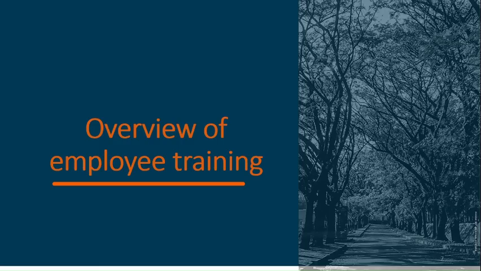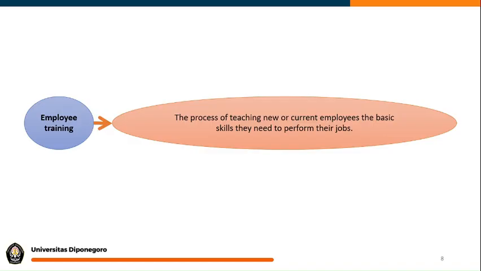But in employee training, the main purpose is to achieve so-called person-job fit. So you are not only required to achieve person-organization fit, but you also need to achieve person-job fit, right?